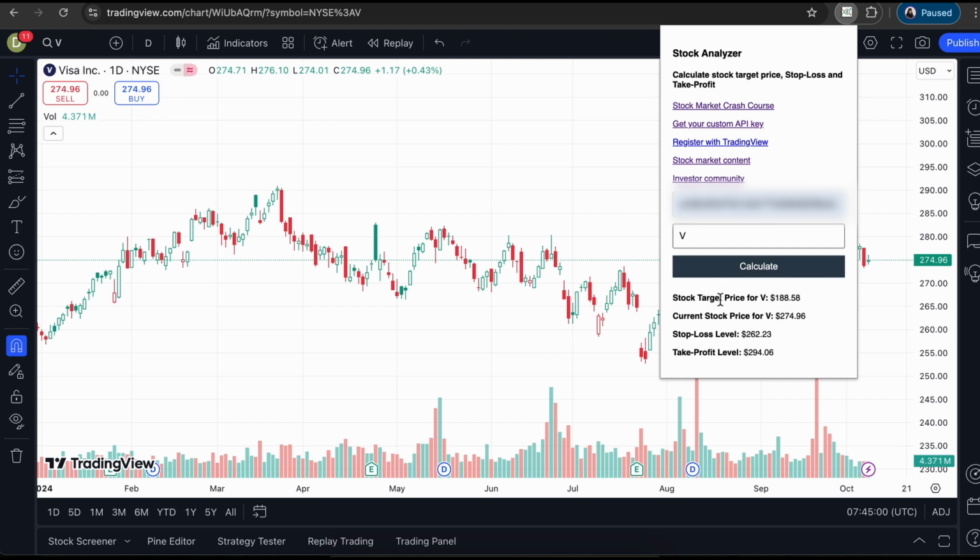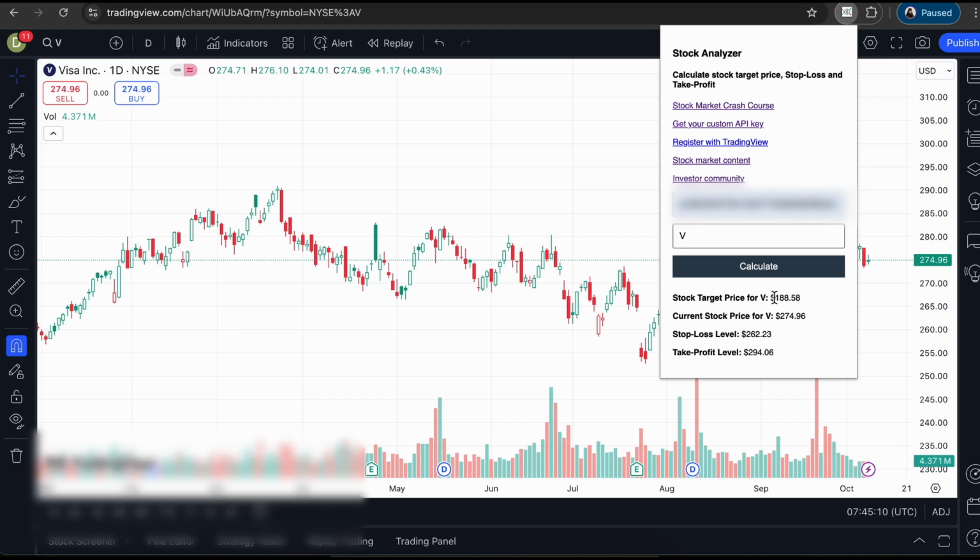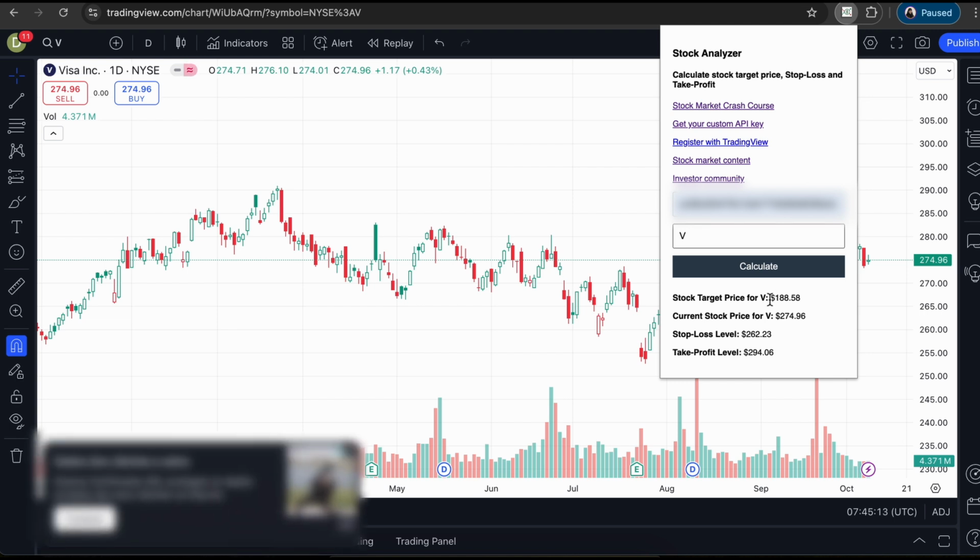And now it shows you the current stock price, the market price. Then it shows you the stock target price calculated on the conservative DCF model. You can see 188. And the very interesting part that we are interested in right now is the stop loss and take profit.